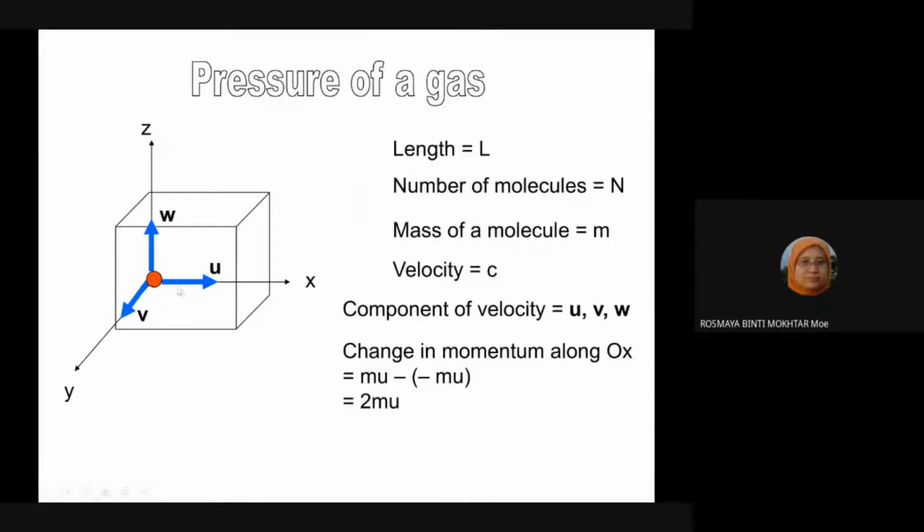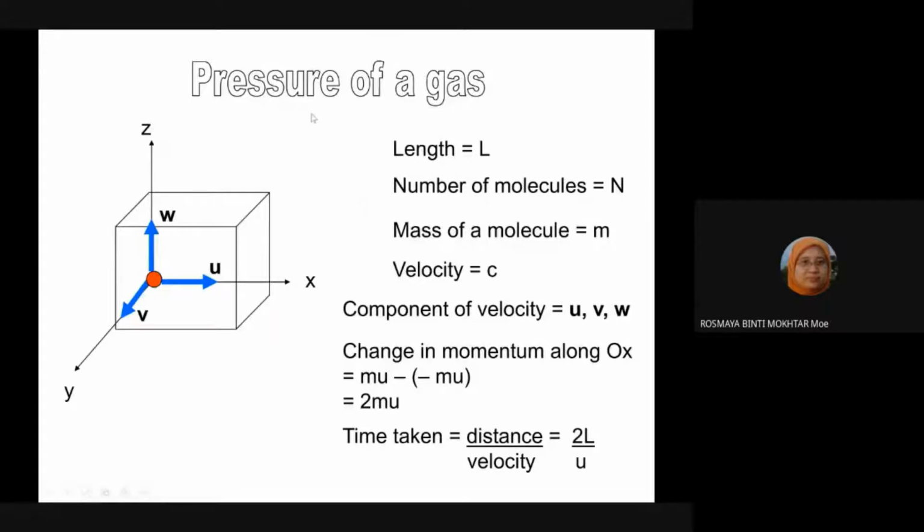You can imagine the animation: the molecule collides with the wall and then goes back in the opposite direction, so the change in momentum is 2mu. And then the time taken. Why do we need time? Because we are going to relate with pressure.